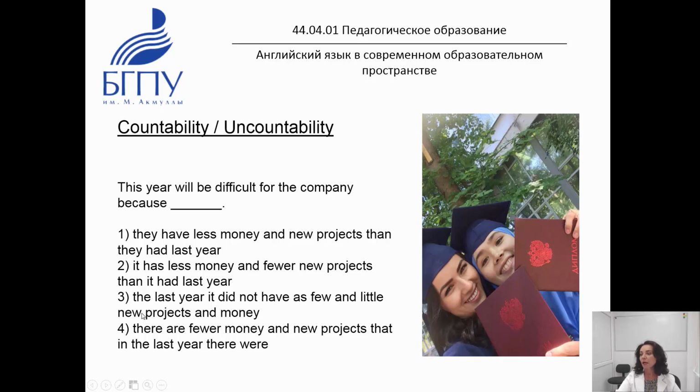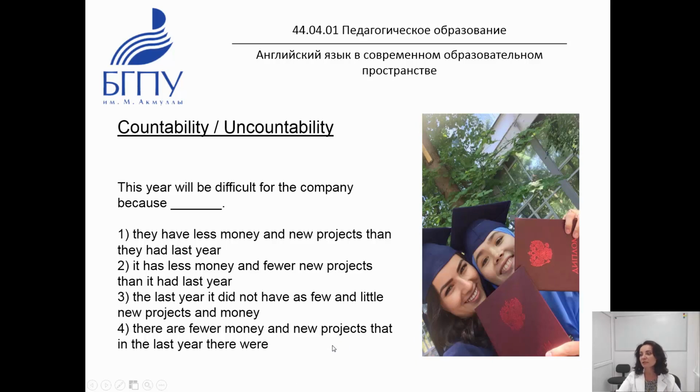For instance, the last year it didn't have as few and little new projects and money. Even it sounds clumsy. And in number 4, fewer money and new projects. Again, the same mistake as in number 1. Only the word fewer is used both with money and new projects.